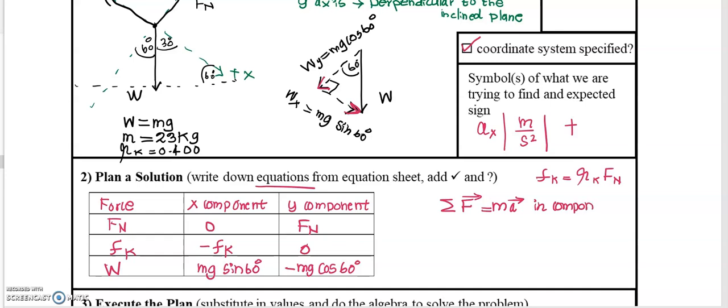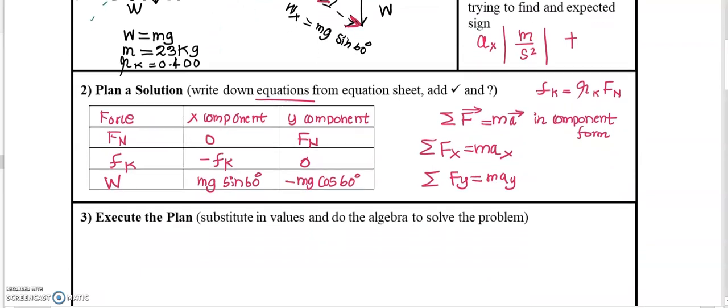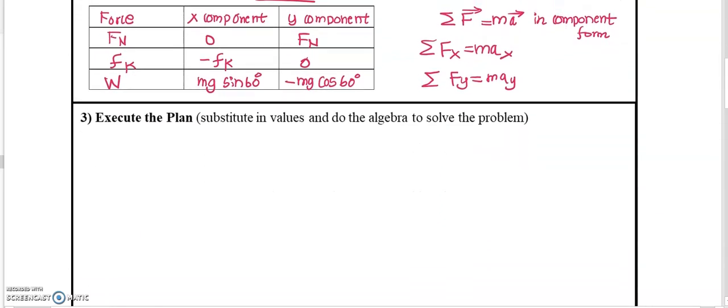I'm going to use the component form of Newton's second law. Net force in the x direction is equal to mass times acceleration in the x direction, and net force in the y direction is equal to mass times acceleration in the y direction. Now we have planned the solution. Once you have a plan, it's really easy to execute it.